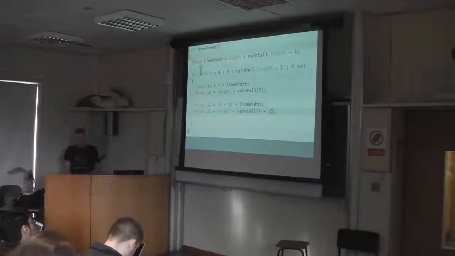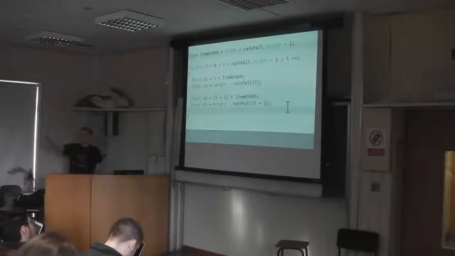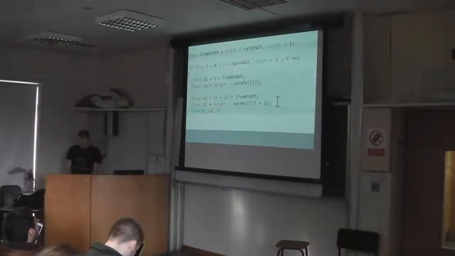So now what I'm doing here is going for i equals 0, i less than rainfall length minus 1. So I'm going one short, therefore I can do i plus 1, and I know I'm not going to overshoot the bounds in the array. And then let's draw our line. So then let's go line x1, y1, x2, y2.